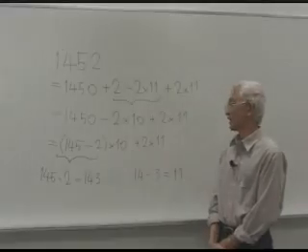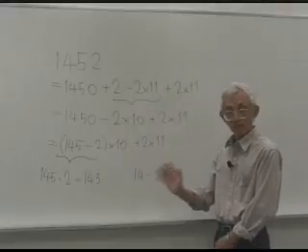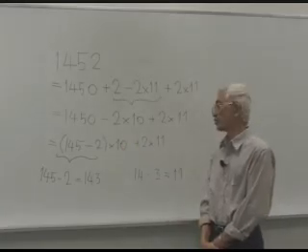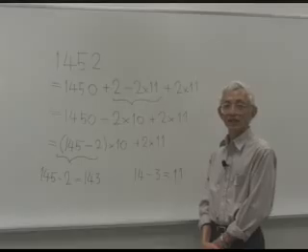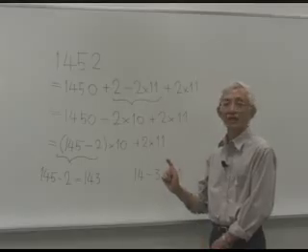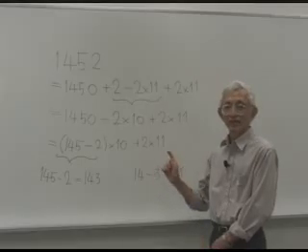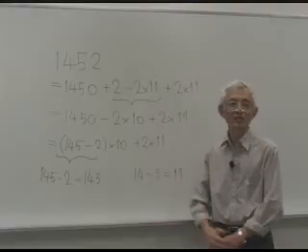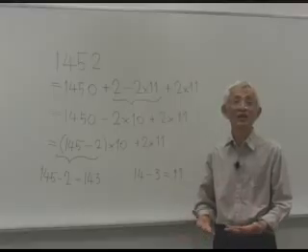So I repeat that again. If you have a product, if either of the numbers is divisible by a given number, then so is the product divisible by the same number. And this is the second principle. We are going to use both principles later on.